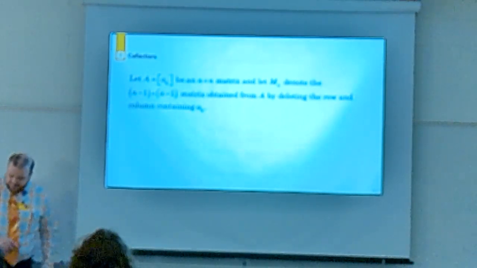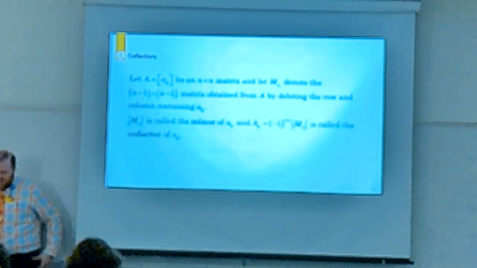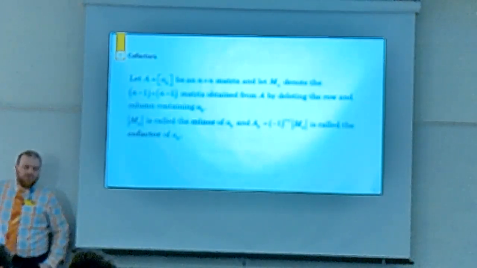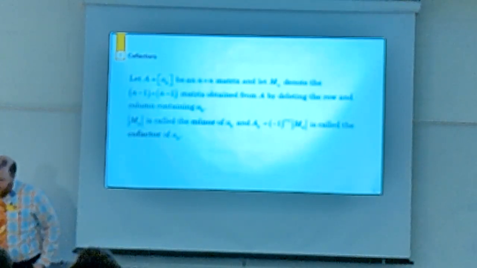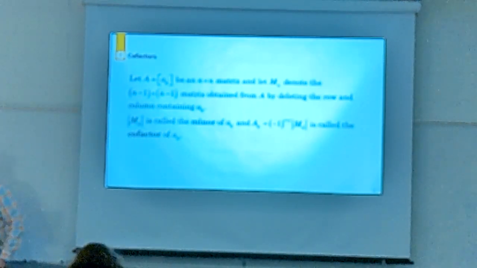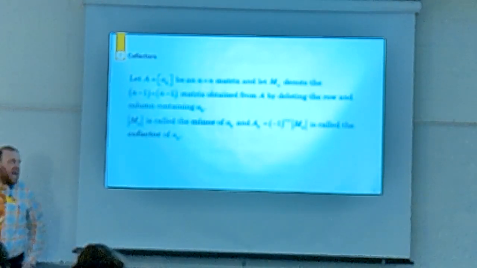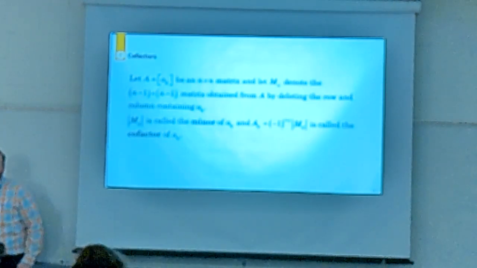Right, so delete row i and column j. The determinant of that matrix is called the minor of that ij entry. And the term capital A sub ij, which is -1 to the i plus j times the determinant of capital M sub ij, is called the cofactor of the ij entry.